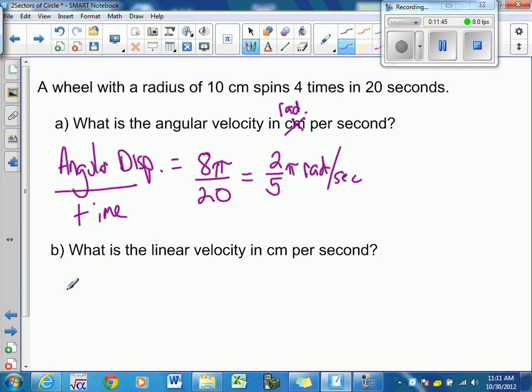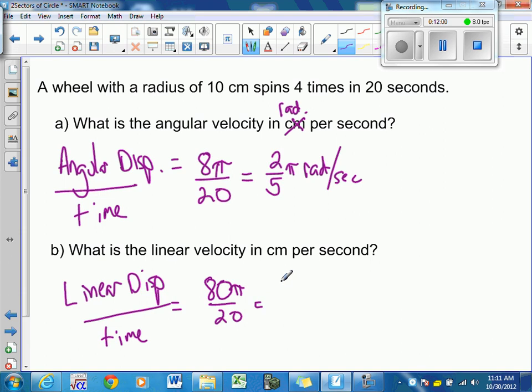And we found this before to be 80 pi over 20. That is 4 pi centimeters per second. Linear is how fast you're going in the line. Angular is how fast you're spinning.